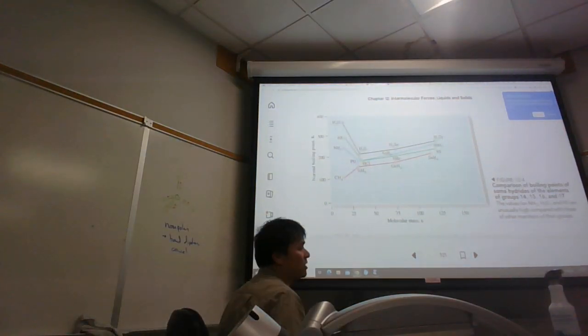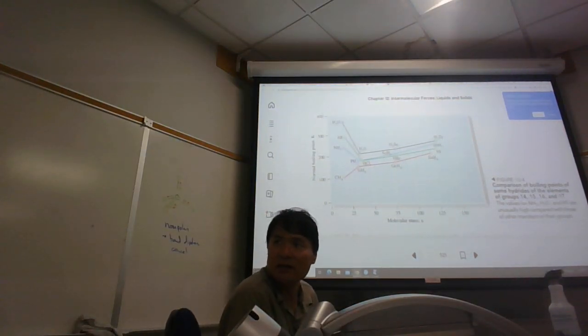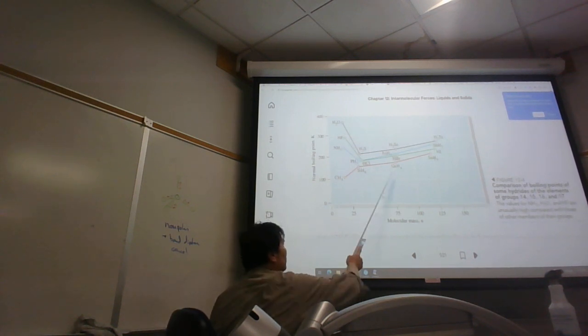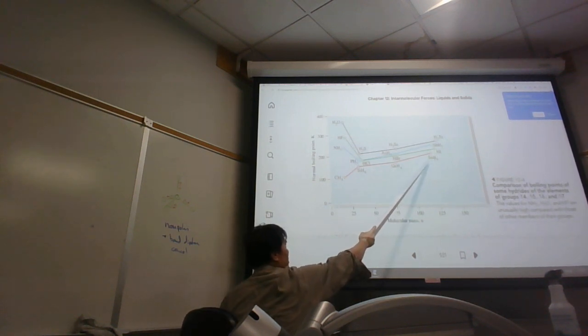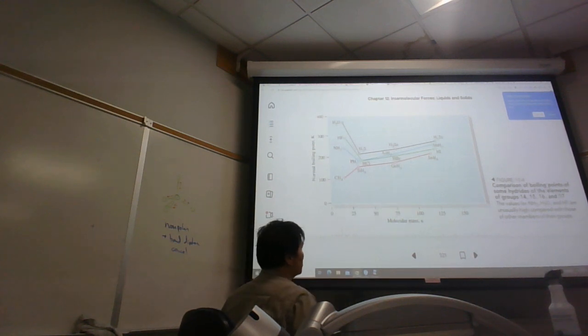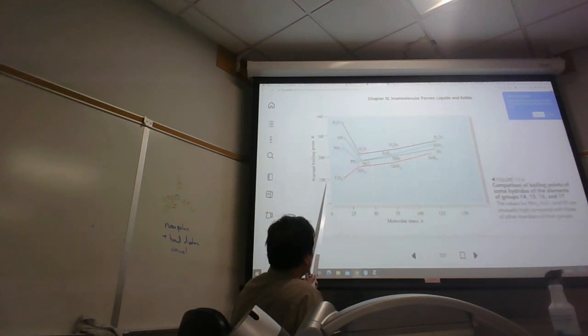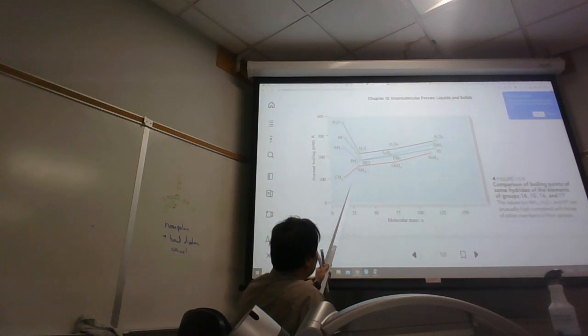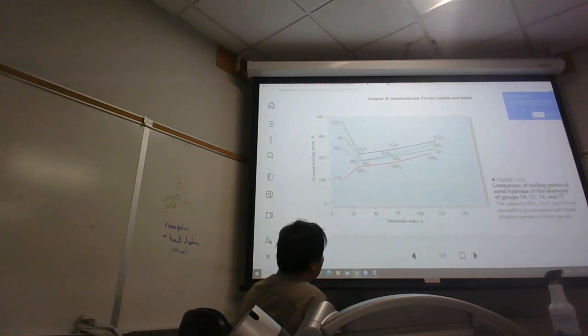And finally, tin tetrahydride or stannane is going to have 54 electrons. So this has by far the most electrons, and therefore it's going to have the strongest dispersion. And then we can look at the boiling point. The stickier the molecules are, the higher the boiling point. So tin is the stickiest.